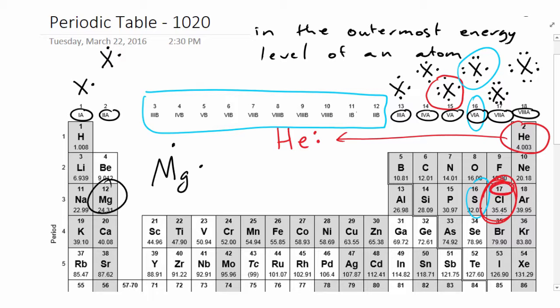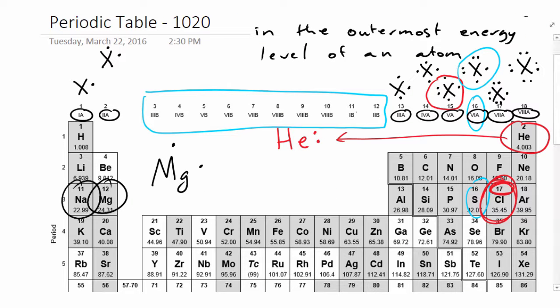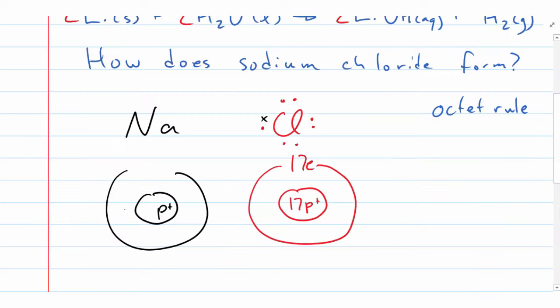Remember what this number is called? Atomic number, which is equal to the number of protons. So it has 17 protons, and at the start it has 17 electrons. Sodium started with how many protons? What is this number here? 11, which stands for the number of protons, which means it also started with how many electrons? 11. So the number of protons and electrons were the same initially.